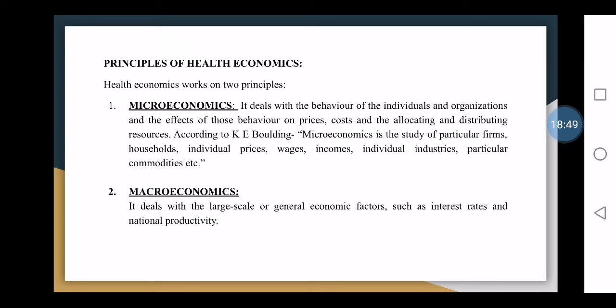The gross national product and the gross domestic product are the conventional terms used to understand the performance of the national economy. So if we want to see how the economy of a particular country is going, we have to look at the gross national product and the gross domestic product.